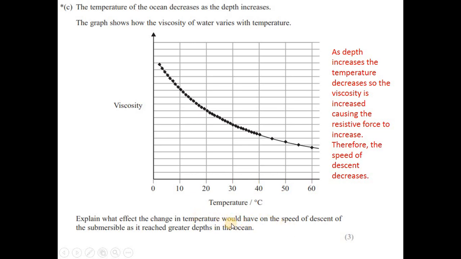This is a typical question. So if temperature is decreasing, viscosity increases, that produces more resistive force, so speed is decreased. That's how you can link all three quantities. So as depth increases, temperature decreases, viscosity increases, causing resistive force or drag to increase, so it moves slower.